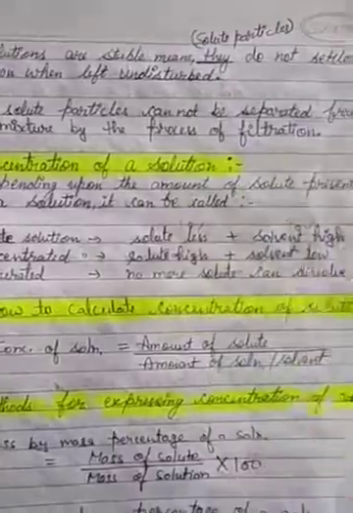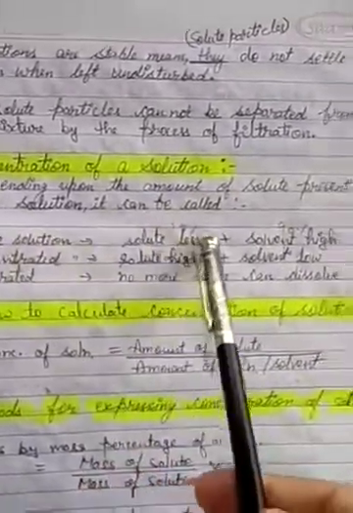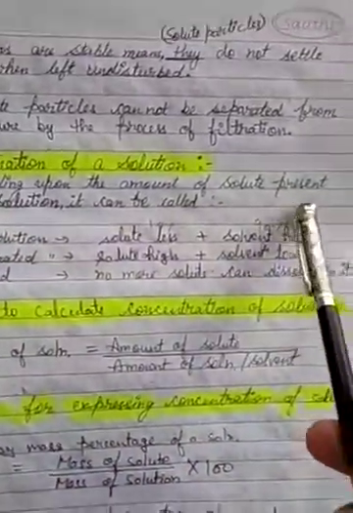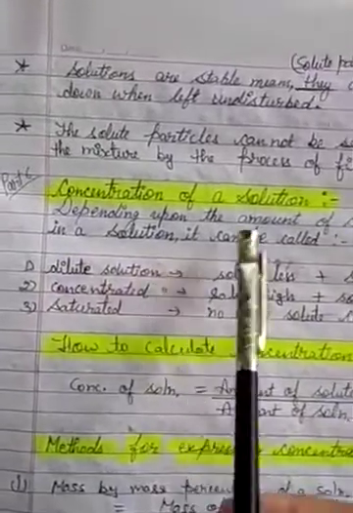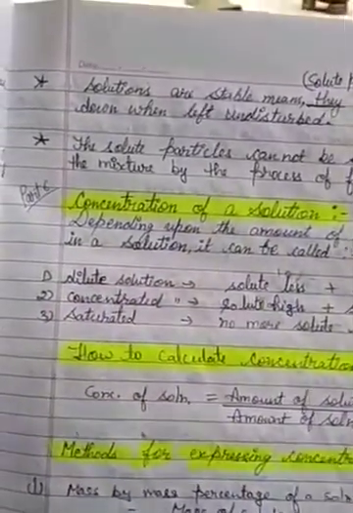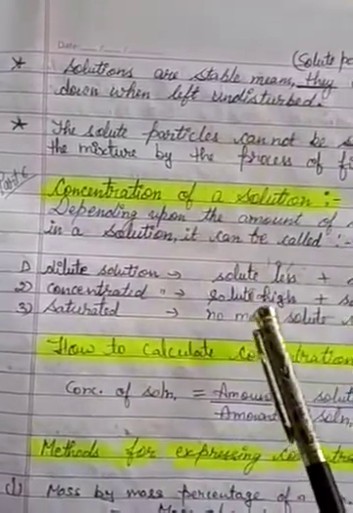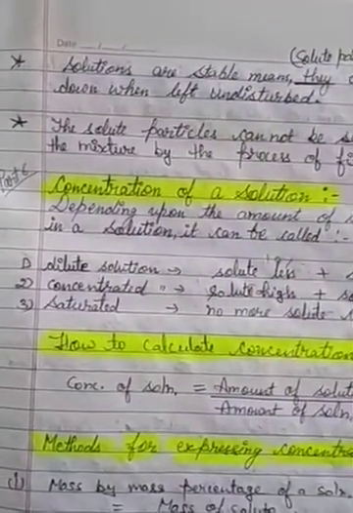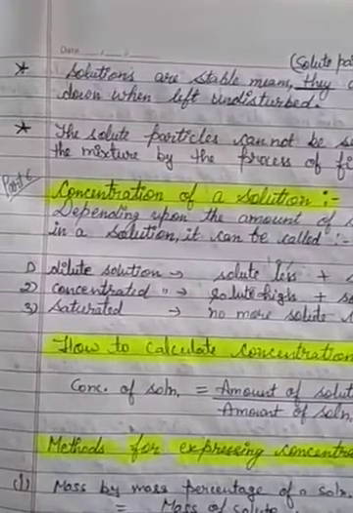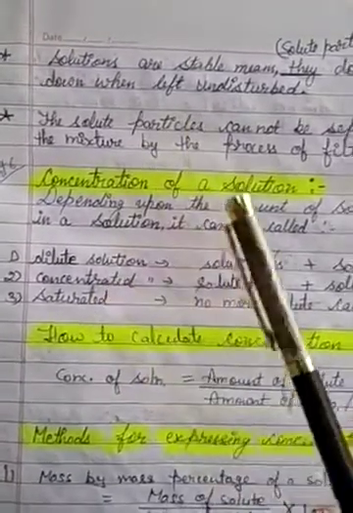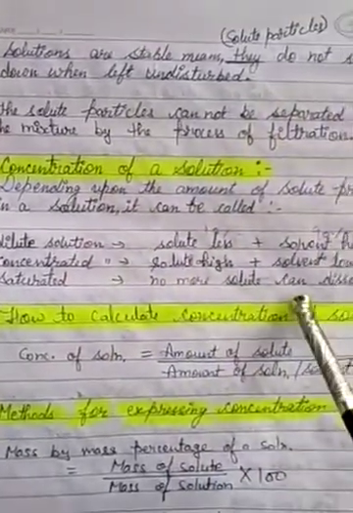Depending upon the amount of solute present in a solution, it can be called dilute, concentrated, or saturated. In a dilute solution, solute is less and solvent is high. Clear?